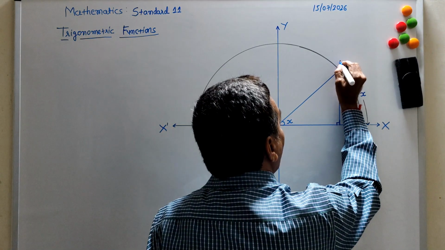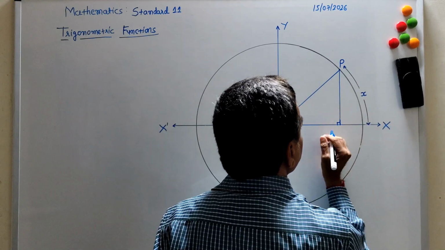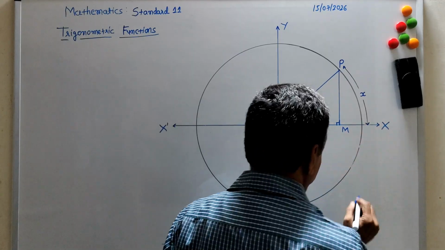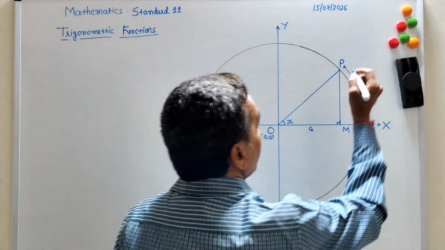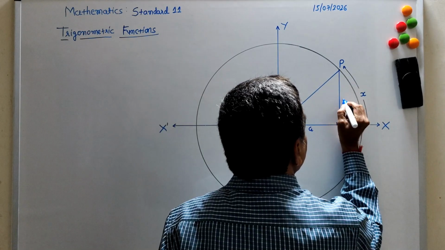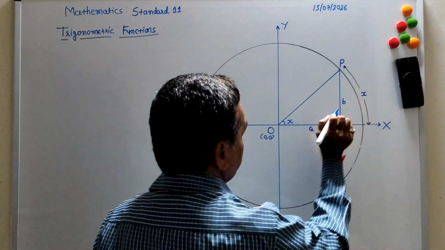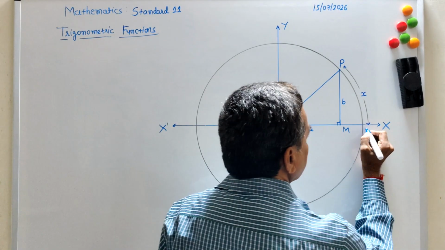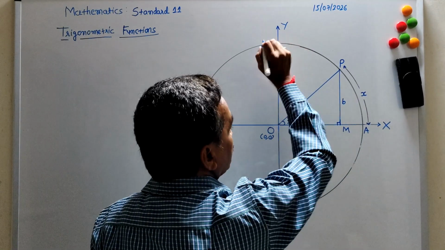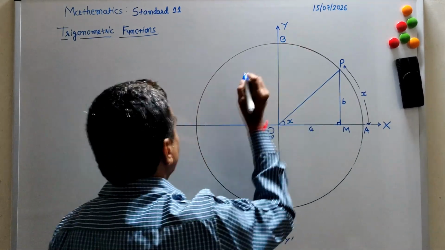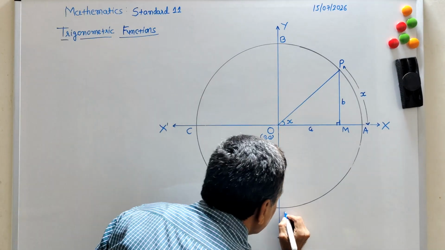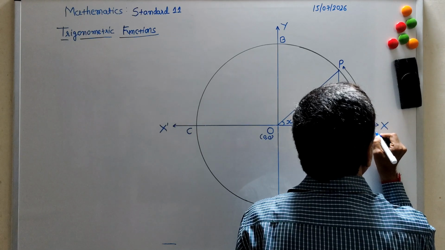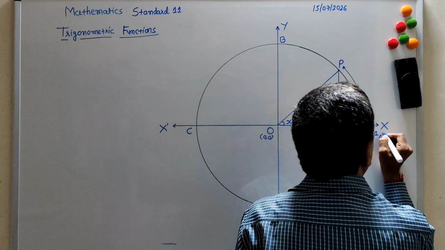Right here point P, this is suppose M, and this distance is B. This is point A, this is B, this is C, this is D. So A has X coordinate 1 and Y coordinate 0.